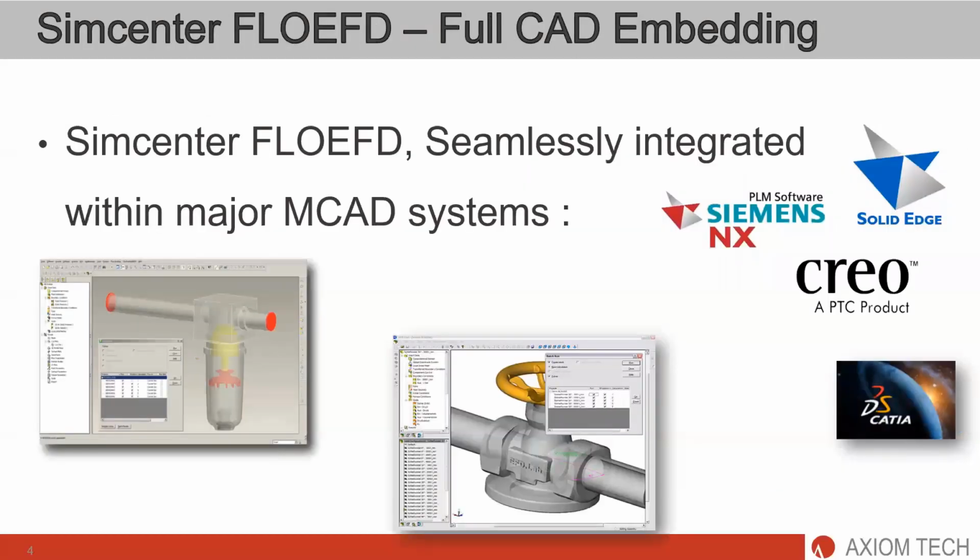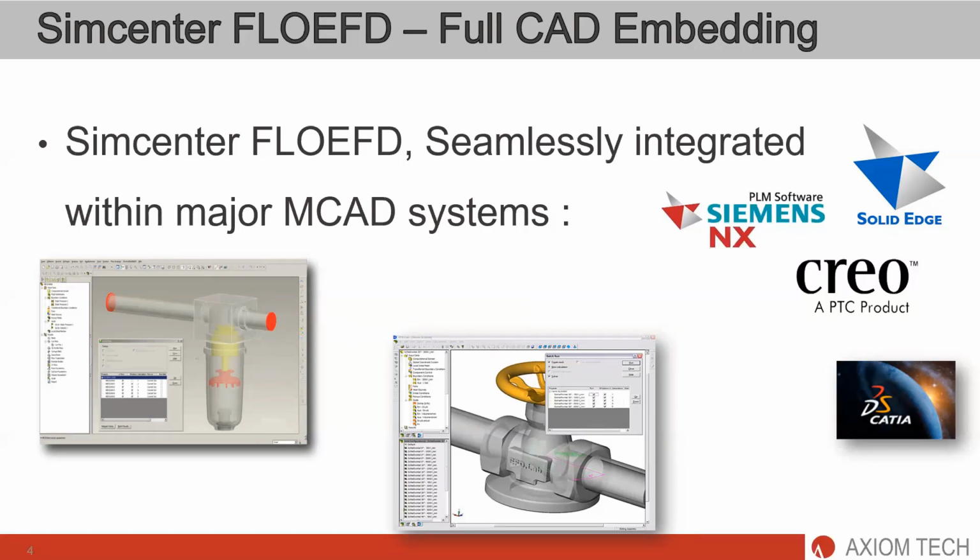We will now look at SIMCENTER FloEFD. The first is the CAD-embedded nature of the product. We have seamless integration with CATIA, PTC Creo, and also with Siemens NX and Siemens Solid Edge. The benefits are direct use of CAD geometry and automatic detection of fluid region.